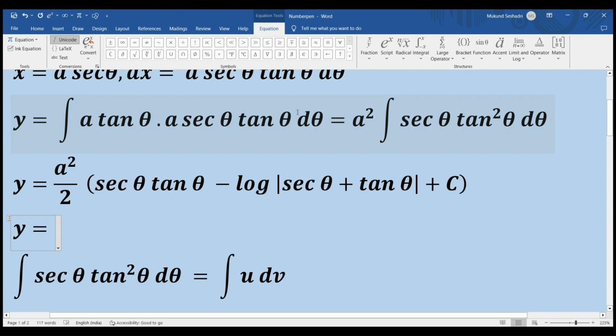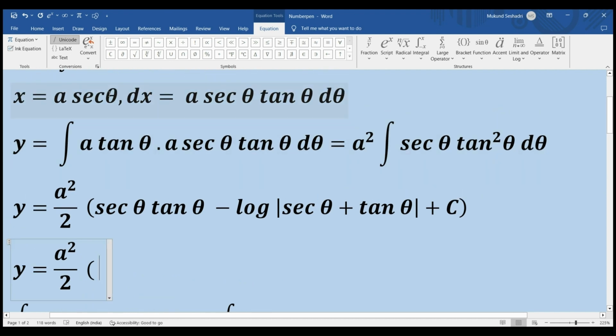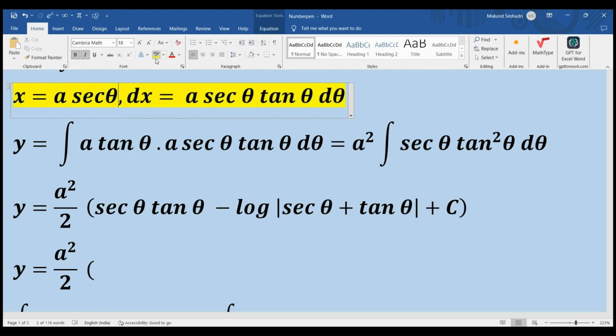I have y equals a square by 2 times. So remember, what is that substitution that we made? The substitution that we made is x equals a secant theta. I'm just highlighting it here for you. This is the substitution that we made. So what happens to the first part? I have a secant theta tan theta.